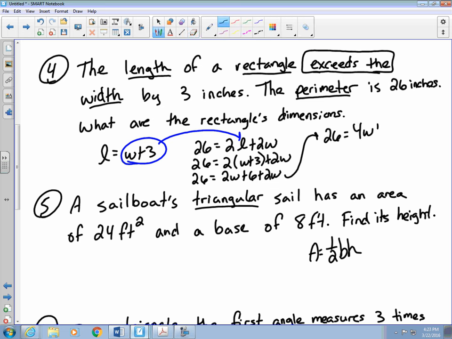Then subtract 6 from both sides and divide by 4. I get 5, so I have a width of 5 inches. Now that I finally got that answer, I can plug that back in over here to realize that my length is 8, 5 plus 3.